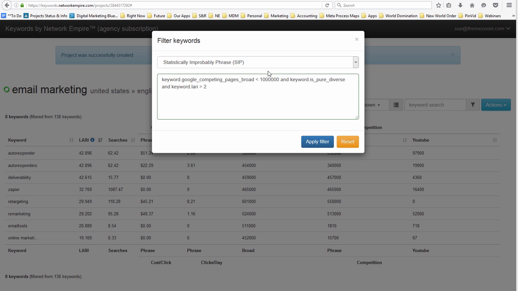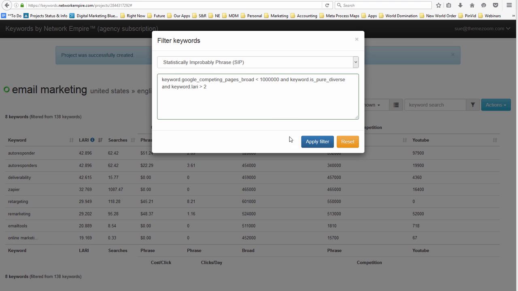You get something that is not very deep, not very well researched. It has no expert content in it. And so by incorporating some keywords, you'll not always get good keywords out of the statistically improbable phrase filter, but when you do, incorporating some of those keywords can really help you to avoid penalties and perhaps give you deeper insight into the market as well.